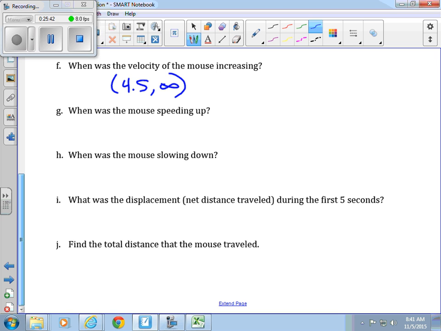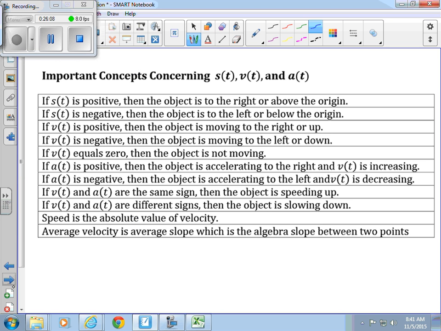So the displacement during the first 5 seconds would be S of 5 minus S of 0. Just how far did I go in the first 5 seconds? So that's displacement. Total distance is very different because you have to do the diagram. Does that make sense? So displacement is just ending minus beginning position. Total distance, you have to do the diagram.